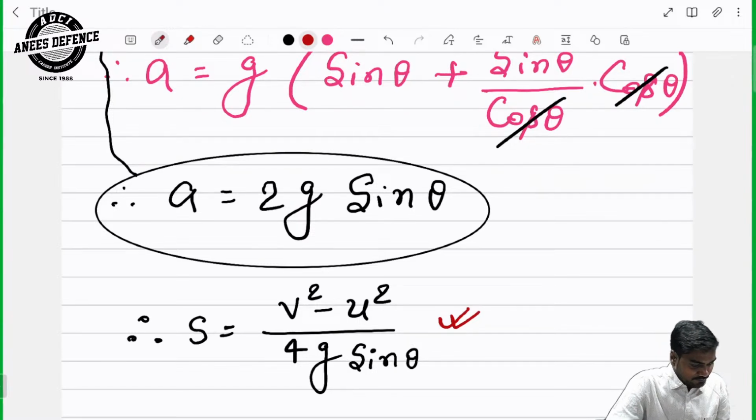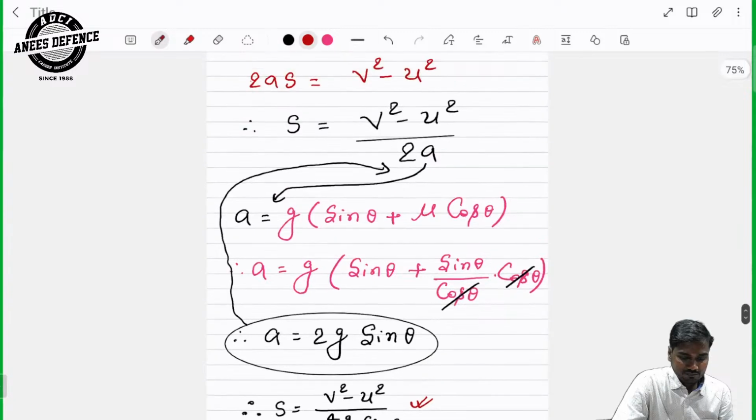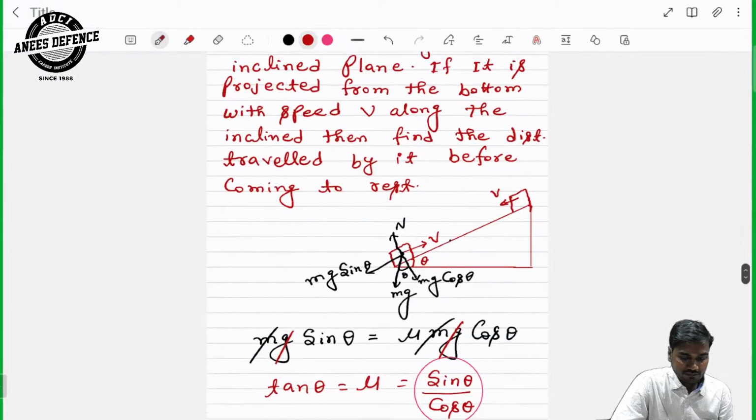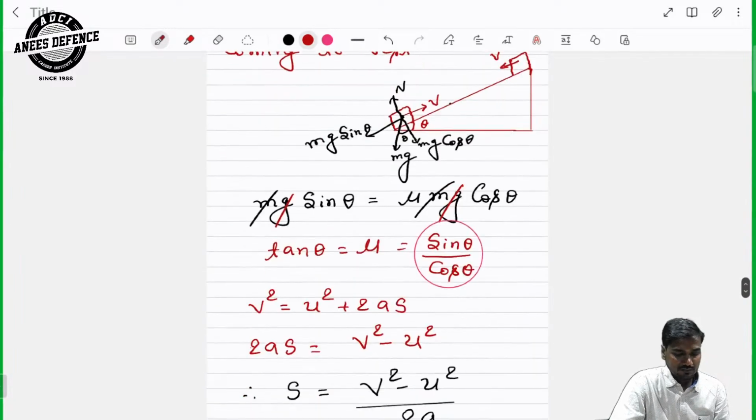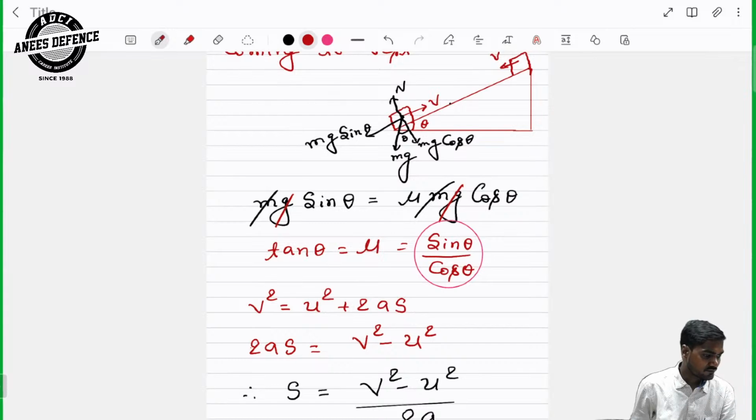Solve one more question. Another question, diagram is given.